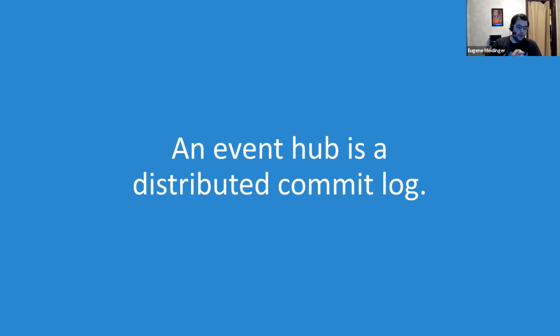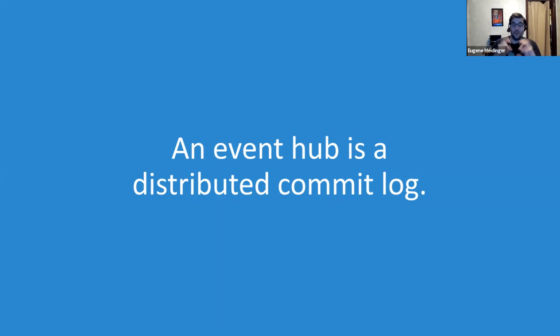And so we have a very similar process with Azure Event Hubs, but it's distributed. It's spread across multiple partitions. And again, instead of just having SQL Server writing to the transaction log, we have multiple consumers and producers going on here. Another way to think about it is like if you've ever used Git, that is a commit log.